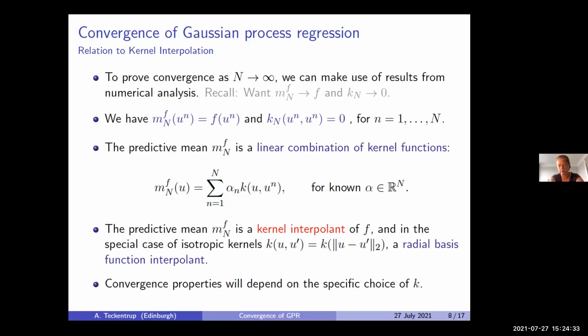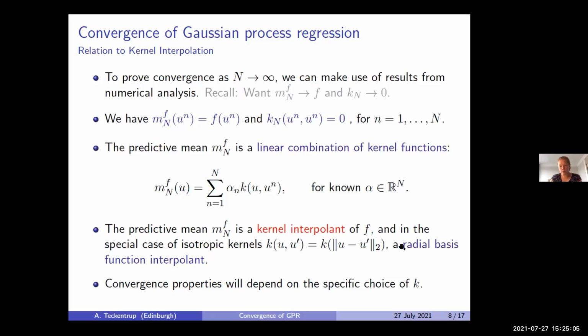It just means that it is an interpolant of f, and the basis functions are these kernel functions. That is very much related to radial basis function interpolation, which is a very well-known method from numerical analysis. That happens in the particular case of isotropic kernels, where the covariance kernel depends on u and u prime only through the distance, but that's more of a side note.